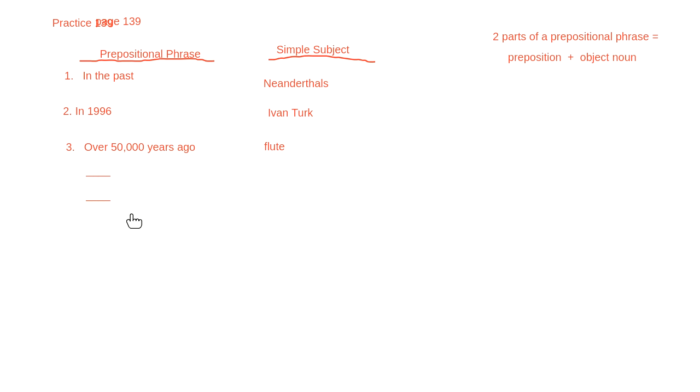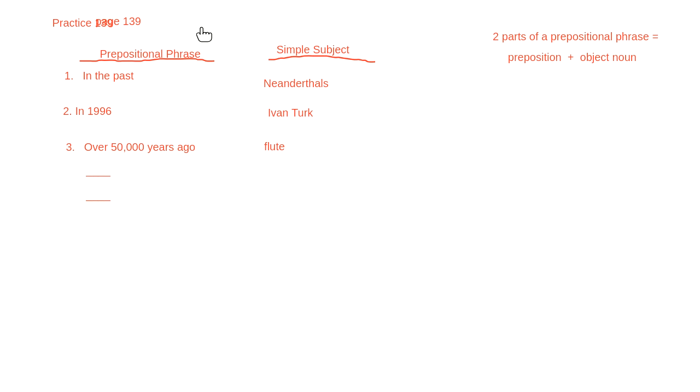Oh, we have more subject in this sentence? No, the subject is flute. Yes. But what we're looking for is some more prepositional phrases. So remember, we're looking for prepositions like of, from, in, at, and then the object noun after it.